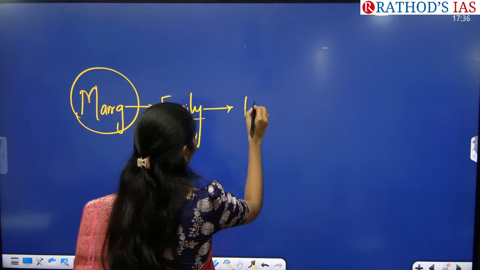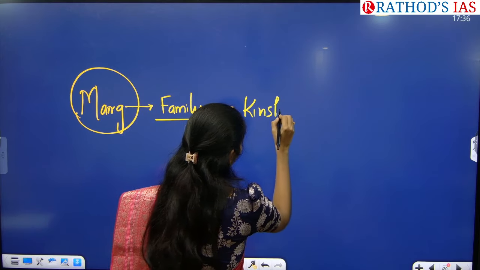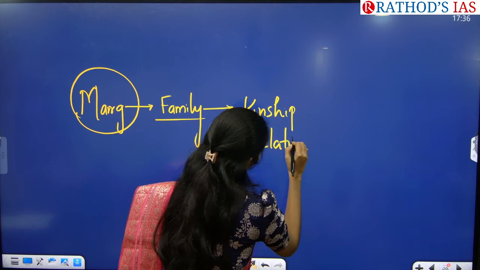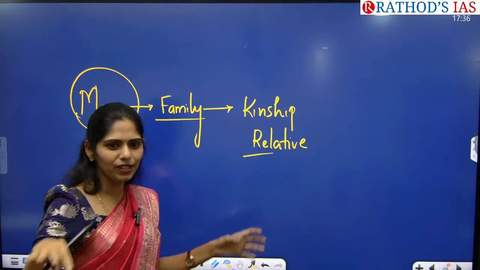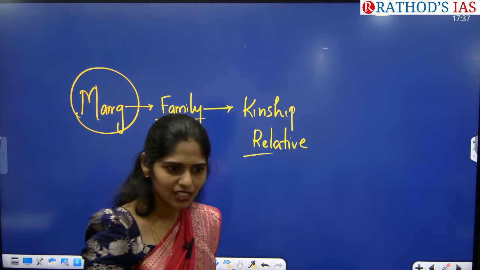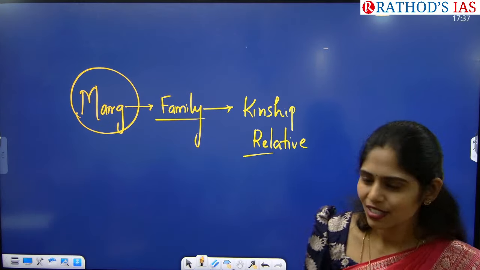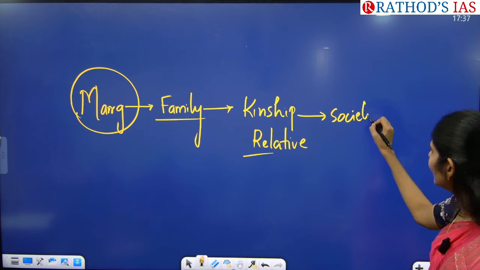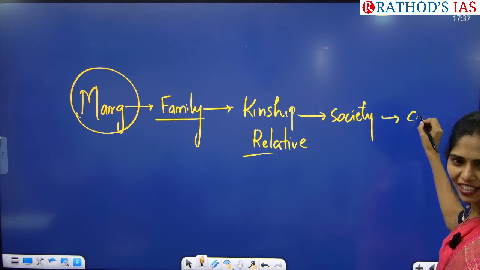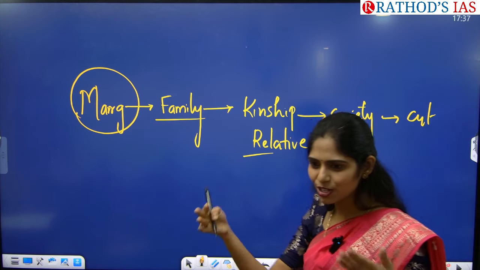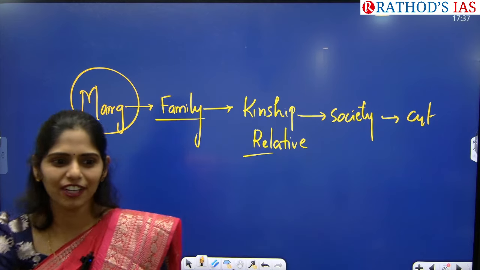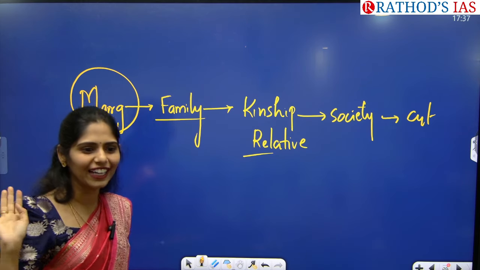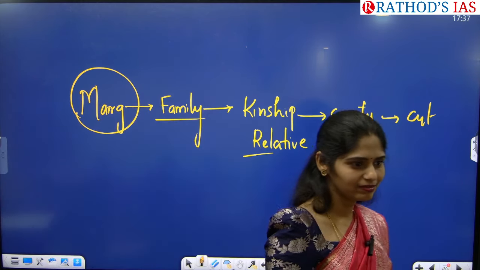So next one is kinship. Kinship is nothing but your relatives. And a group of these people, what do they form? A group of people is called a society. And each and every society has its own culture. For example, the food habits of your family may be different from your spouse's family. Yes, if you go there, you may not like the food, like my husband.